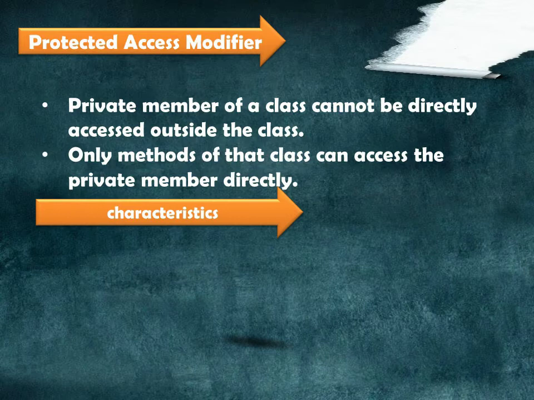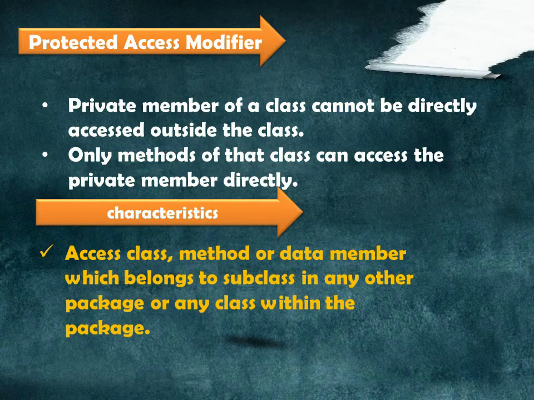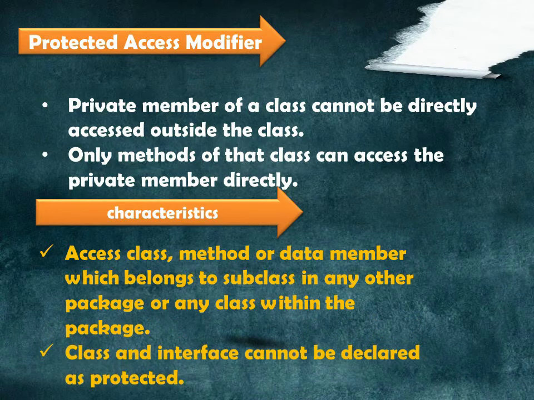Methods and data members can only be accessed by the subclasses in other packages or by any class within the package of the protected data member's class. Also, a class or an interface cannot be declared as protected. So these are the characteristics of the protected access modifier.